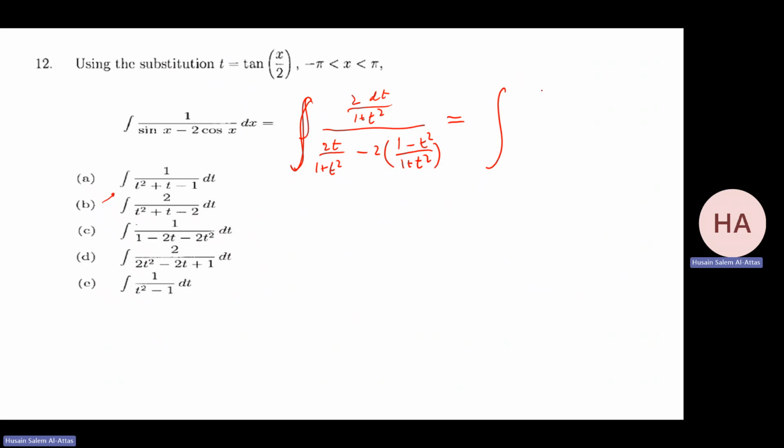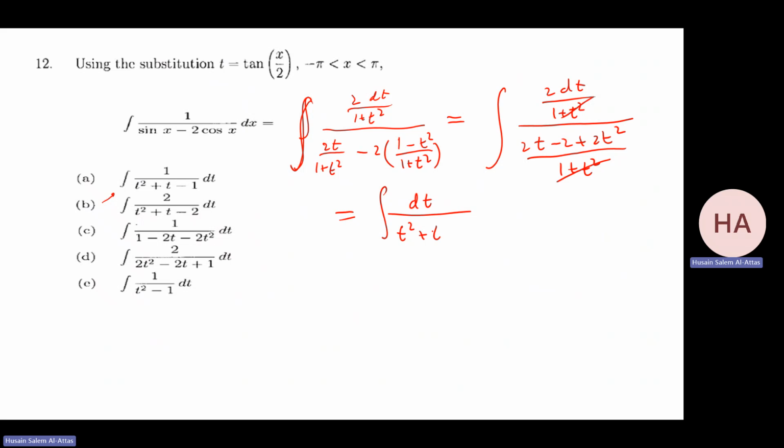That gives me the integral of 2 dt over 1 plus t squared, over 2t minus 2 plus 2t squared over 1 plus t squared. Cancelled. I can take 2 as a common factor. So I have dt over t squared plus t minus 1, which is this one.